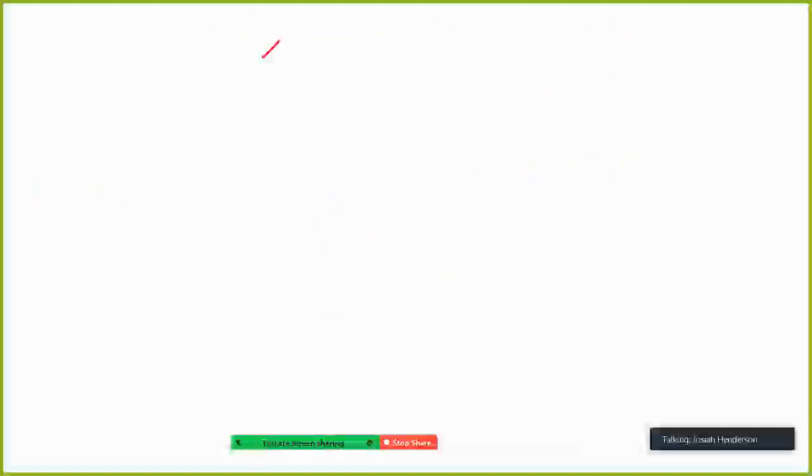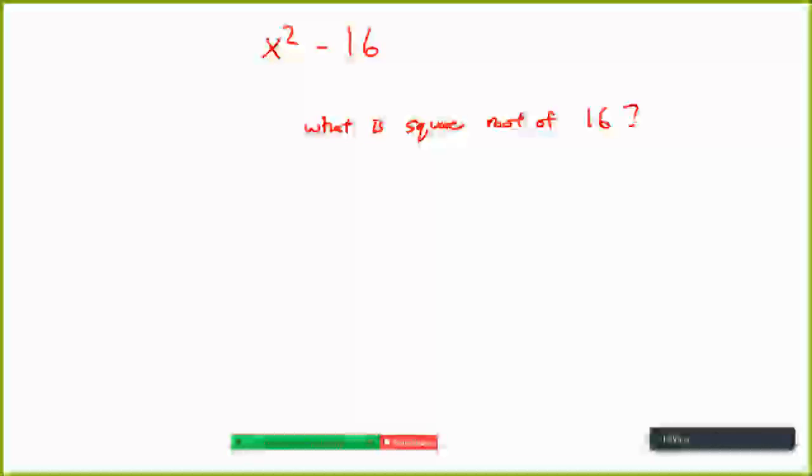So continuing example 4, we've checked to see that this is a difference of squares, and it is. So then you ask yourself, what is the square root of the constant 16? It's 4. We talked about that already.